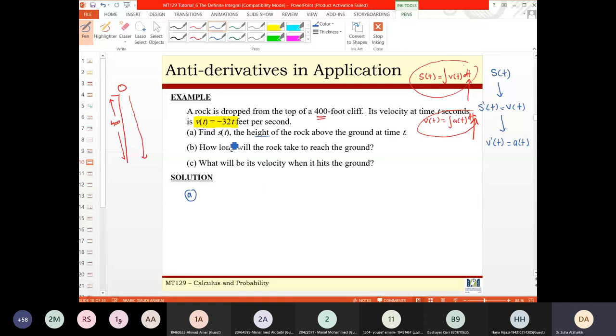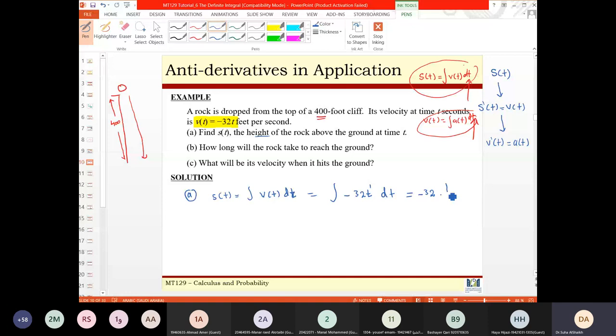Okay, they gave me the v and I want the s. What will be the s? The s of t is nothing but the integration of the velocity v of t with respect to t, dt. And this is the v, it is minus 32t. I integrate with respect to t. Yalla, what's the integration now? The t has a power 1. The minus 32 is a constant. What's the integration then?